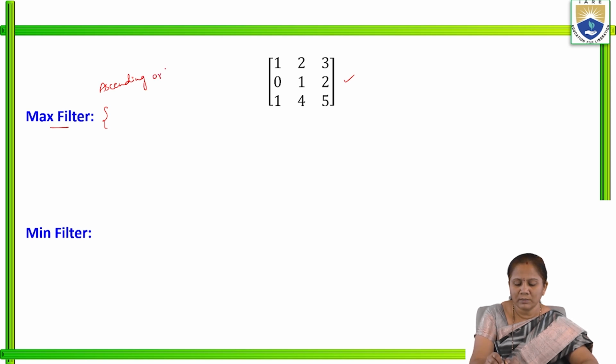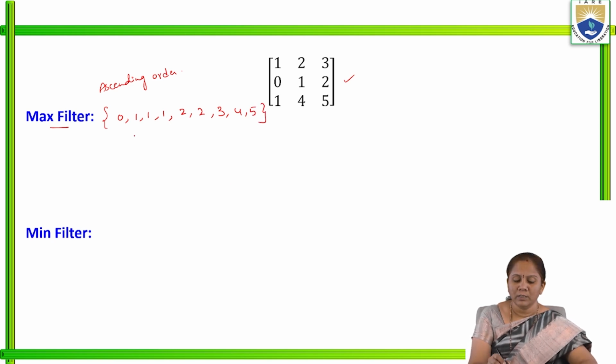If we arrange, we will get 0, 1, 1, 1, 2, 2, 3, 4 and 5. This is the ordering of pixels. After arranging, if we want to apply the max filter, among all these pixels we have to consider the maximum pixel value. Here the maximum pixel value is 5.